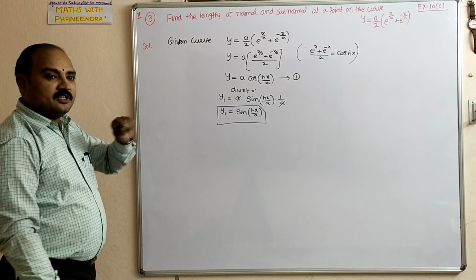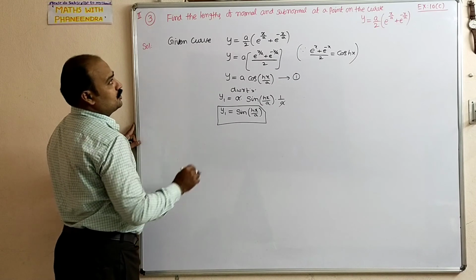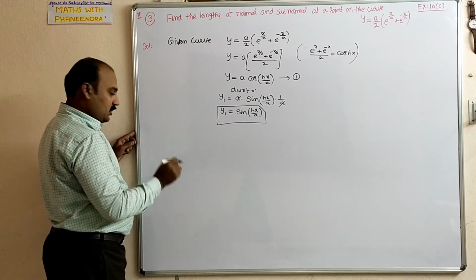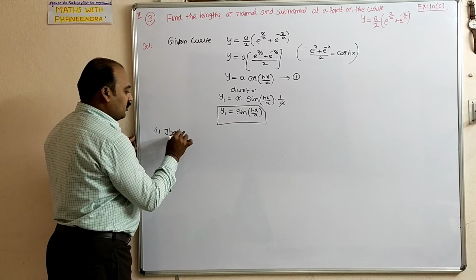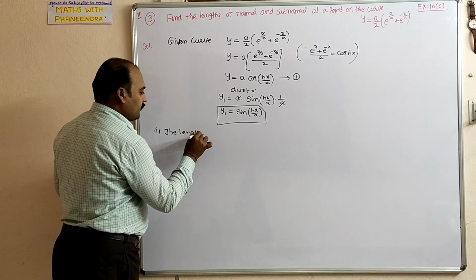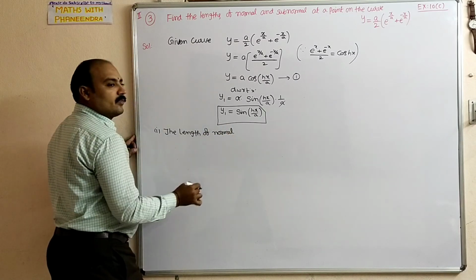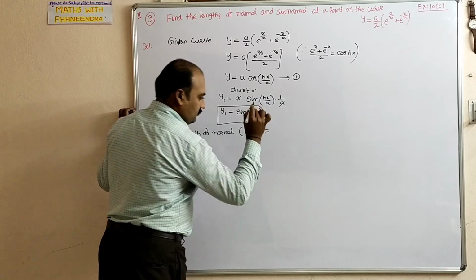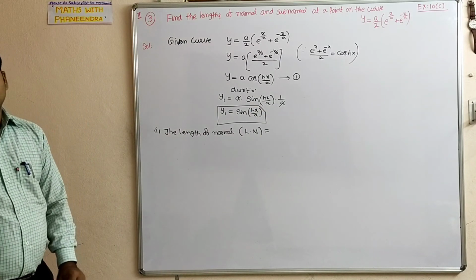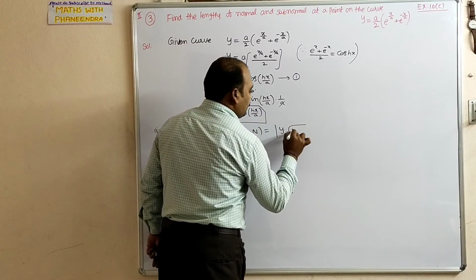After completing this, we come to the question: lengths of normal and subnormal. The length of normal, that means LN, is mod y into root of 1 plus y1 square.